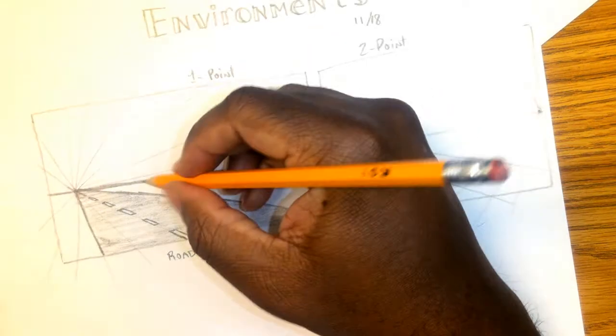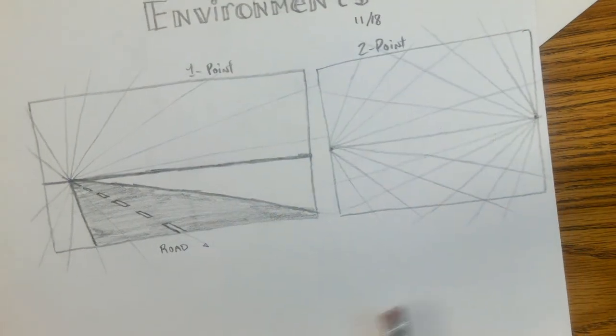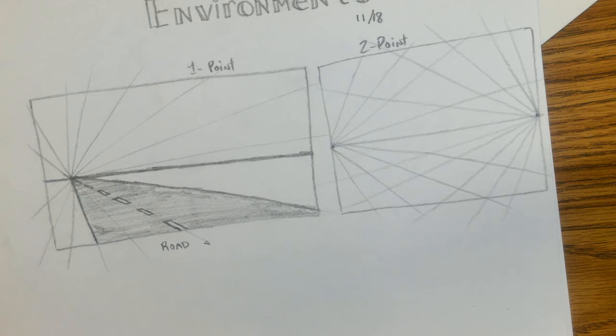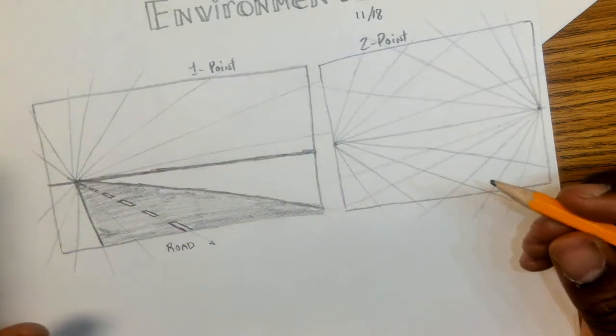So, once we have this, let's put some other things that you might see on a road. Like, for example, if you're on a road, especially one of these two-way ones, what might you see on the side? Trees, grass.